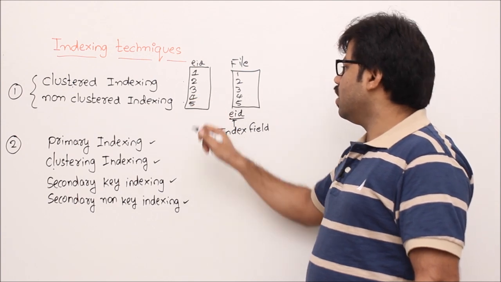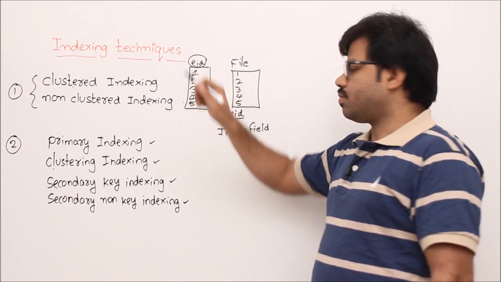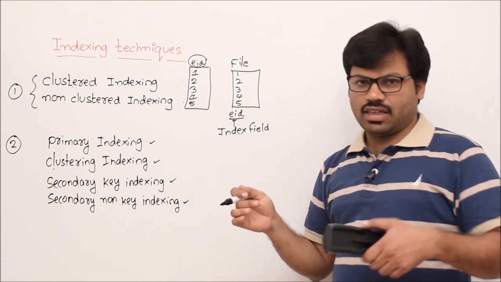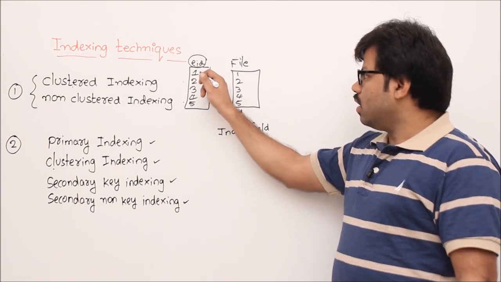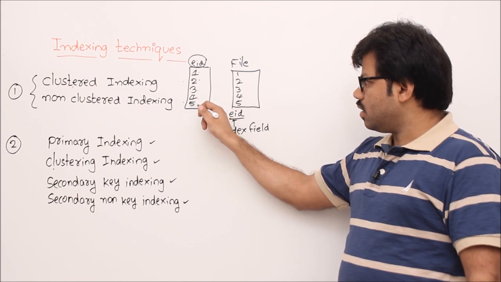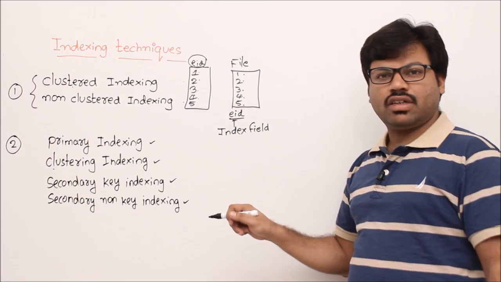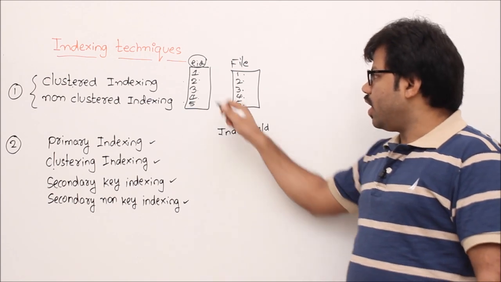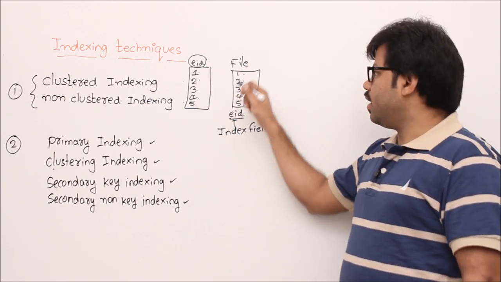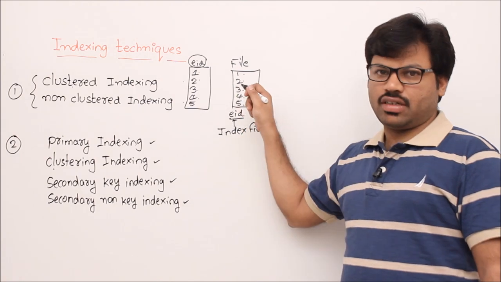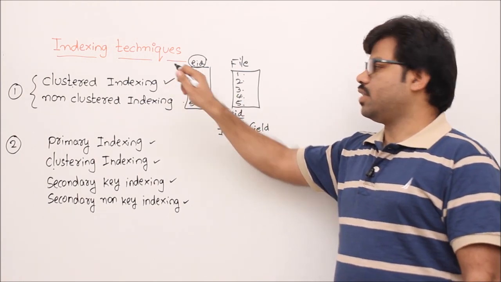This is your index on employee ID. Already the data is also ordered on the index field. So whenever your index file and data file have the same order, that is called clustered indexing.